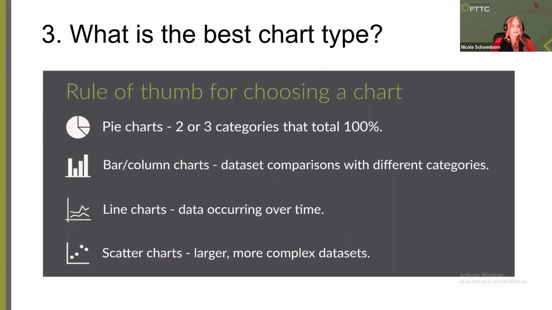I'll pause again to see if anyone has any questions here. Let's see. Jerry says competing data or messages. So if we have different messages, I think is what Jerry's referring to, there may be competing data within the same chart. Sometimes you might have to break that up and put it in two separate charts.